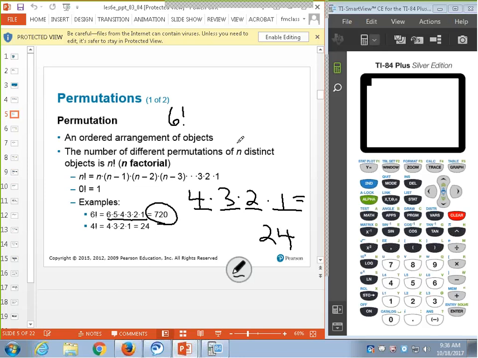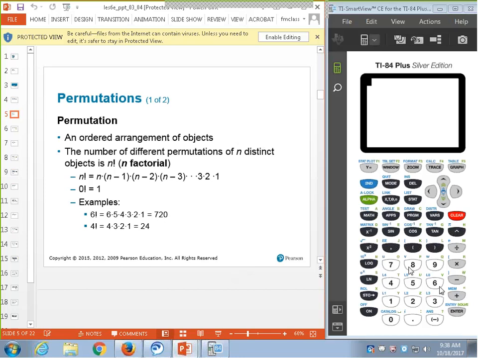So that's factorial. On the calculator, there is a factorial key. You don't need to do 6 times 5 times 4 times 3 times 2 times 1. You put the number 6, and then you go to the math key, which is right below the first column, below the green alpha. And remember, what are we doing? Probability, right?